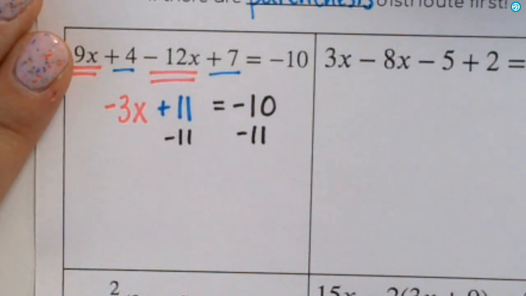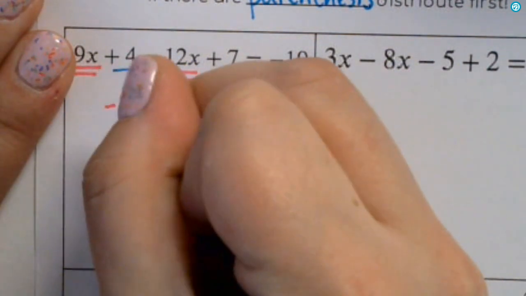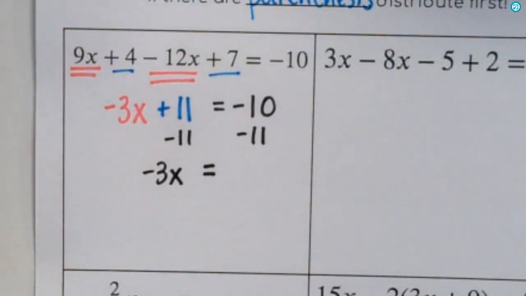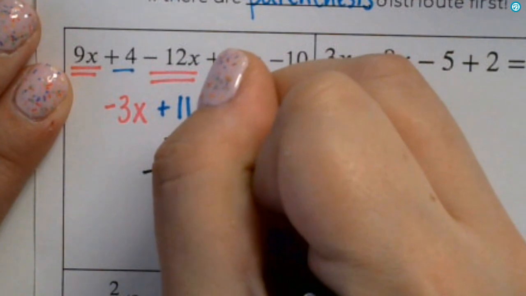On the left side, I've got -3x. On the right side, -10 minus 11 is -21.